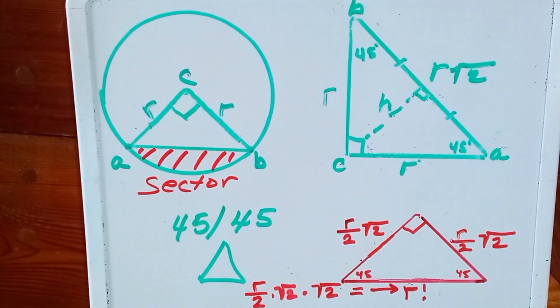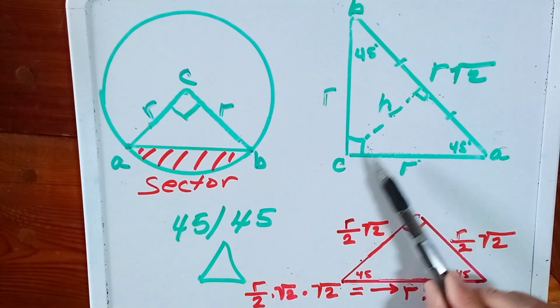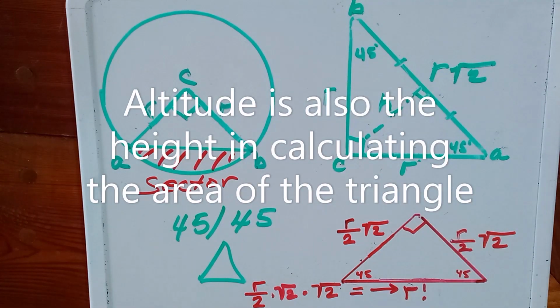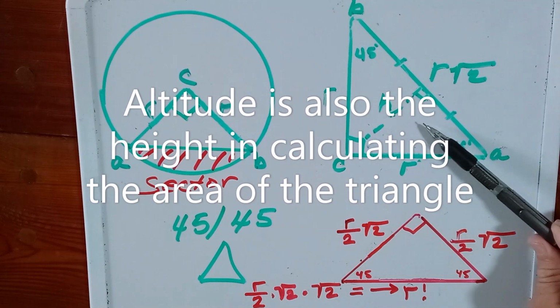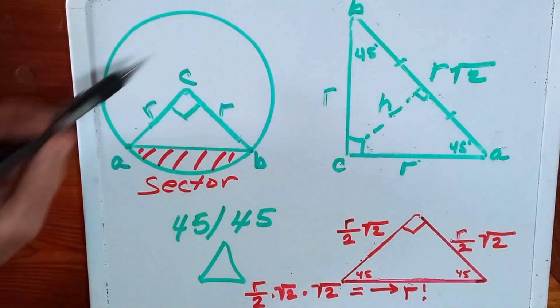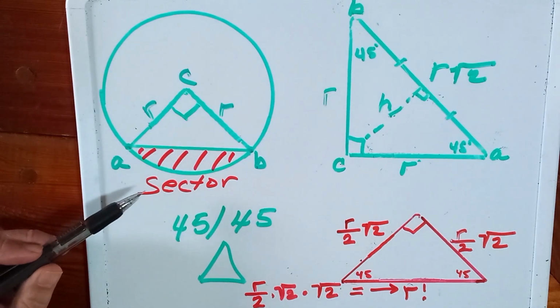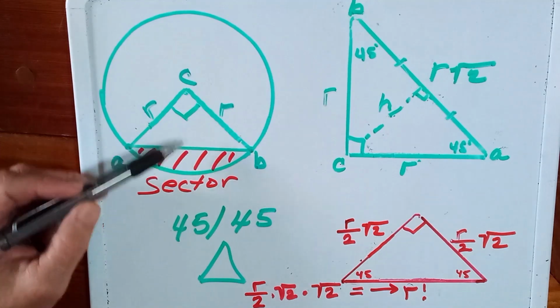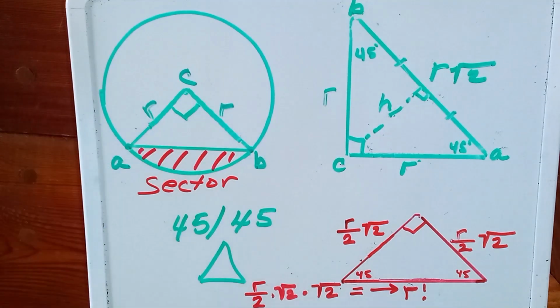I've also gone ahead and drawn in an altitude, or an angle bisector, to the interior triangle. Why? Because in doing this problem as a whole, we are going to need to know the area of this triangle. And in order to do that, we need an altitude.